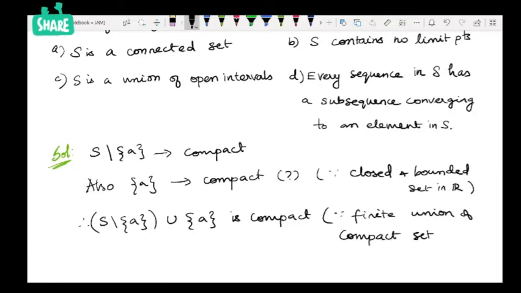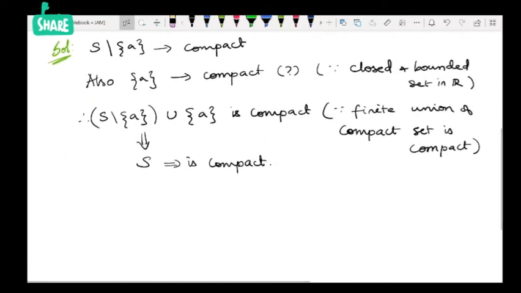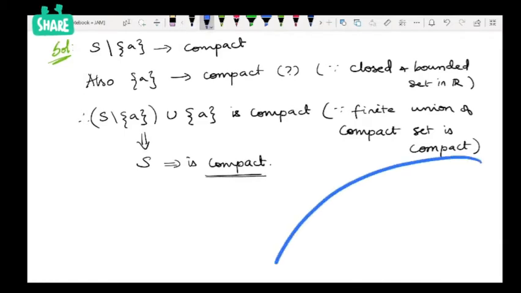So what is the set that we have here? S excluding A and union A is just S. So we arrive at a solution: S is compact. And there is one theorem in compact sets.